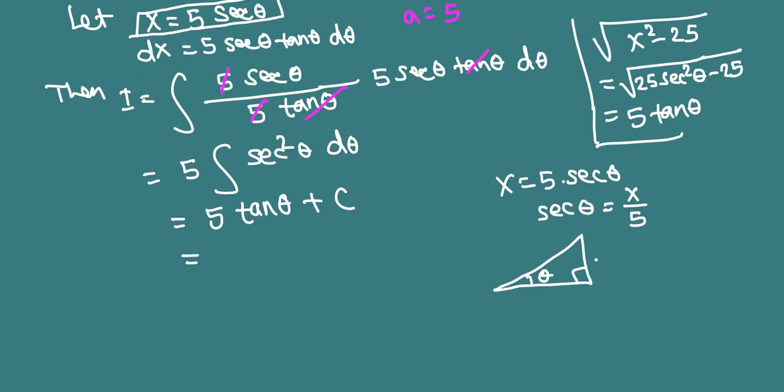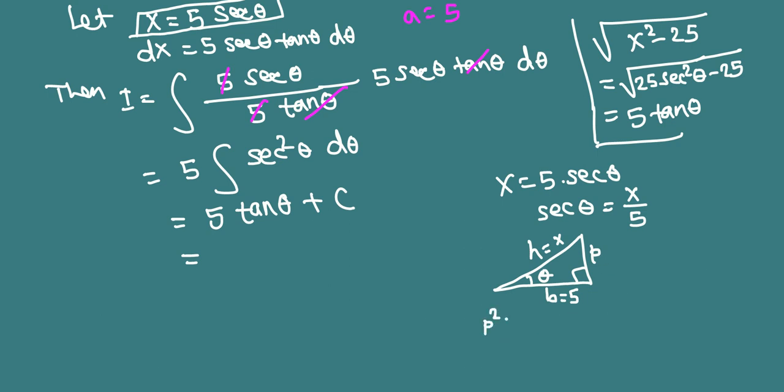Secant is in fact the reciprocal of cosine. Cosine is b over h. Now secant would be h over b, so this would be x, and this would be 5. Now we need to find this perpendicular p, or you can think a, b, c, same thing. a squared plus b squared equals c squared.